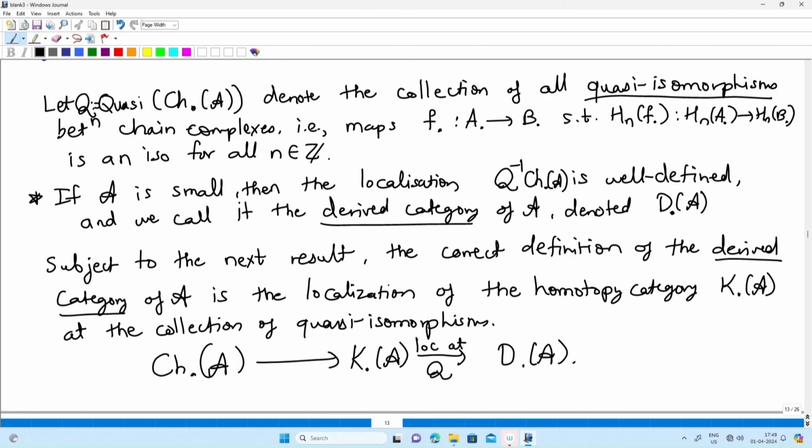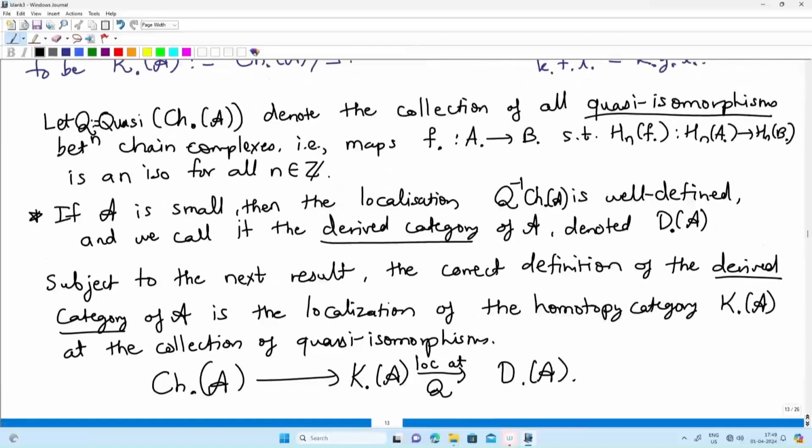Okay, so there is only one missing point here, subject to the next result, which I haven't stated yet. And that next result is the property which is very commonly known as: homology is homotopy invariant.